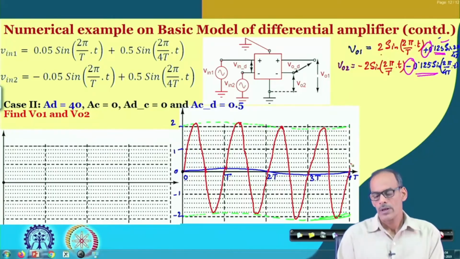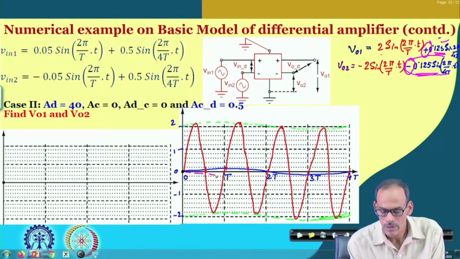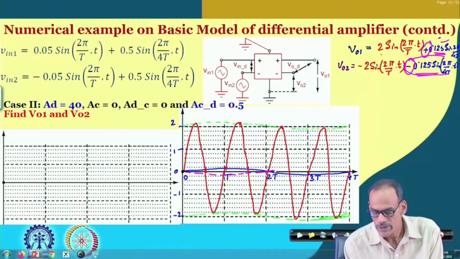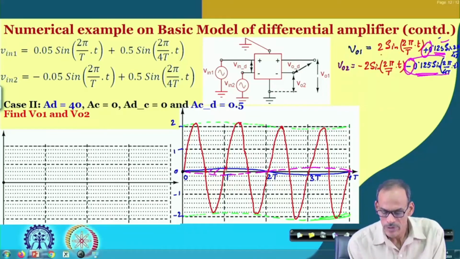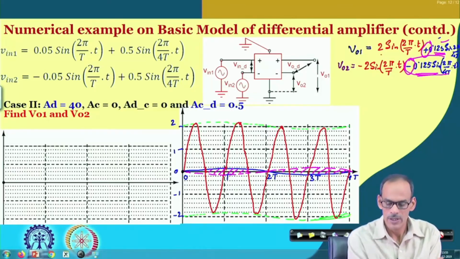Now, if I consider this part having a minus sign, we have something similar to the blue one, but with opposite phase. So this is the unwanted low frequency part, or unwanted common mode signal.